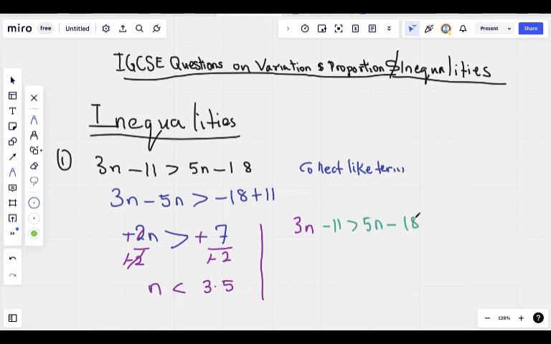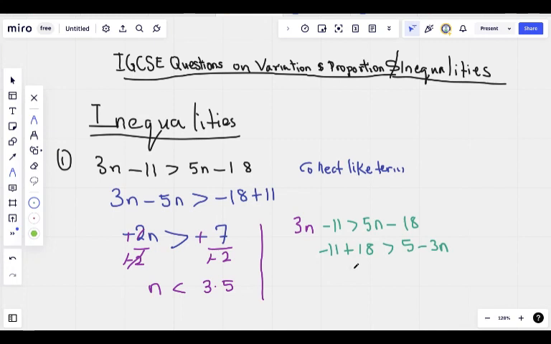If we bring minus 18 to this side, it becomes plus 18, because it's minus on the other side. So minus 11 plus 18 is greater than 5n. When the 3n comes this way, it becomes minus 3n.